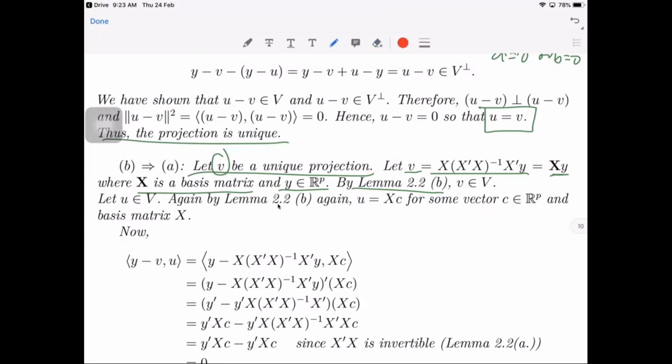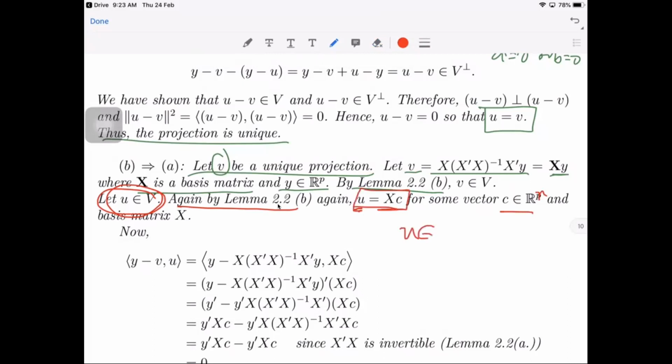So if, again, by lemma 2.2b, if we have another vector U in V, we can always transform that in XC for some C in CP. Or in this example, ay dapat Rn na siya. And X is a basis matrix. So pwede nimo isulat ani.